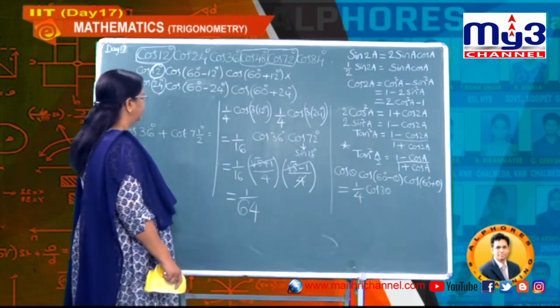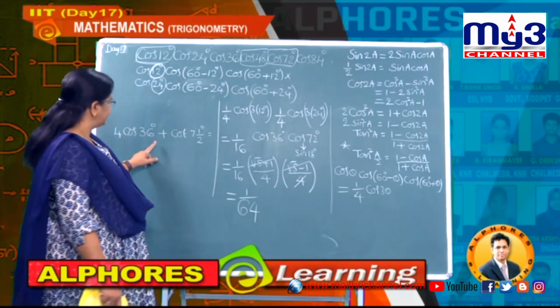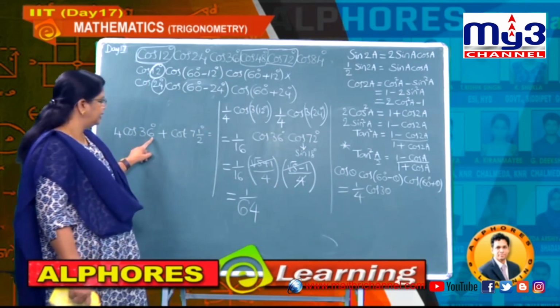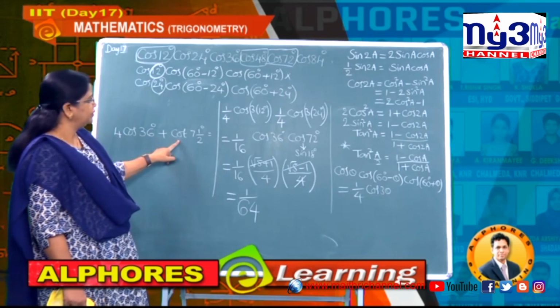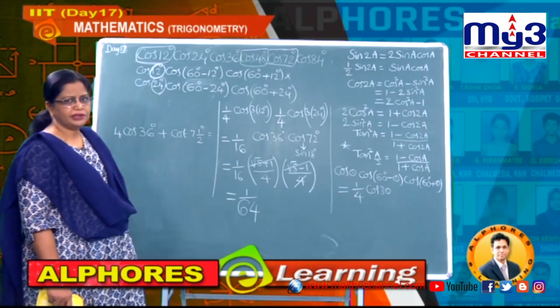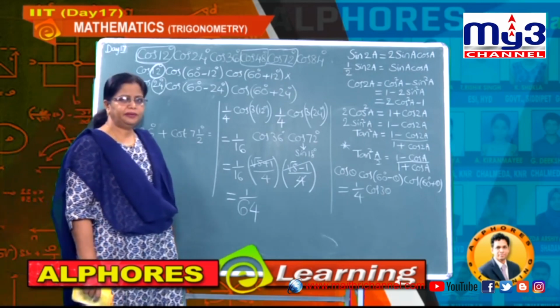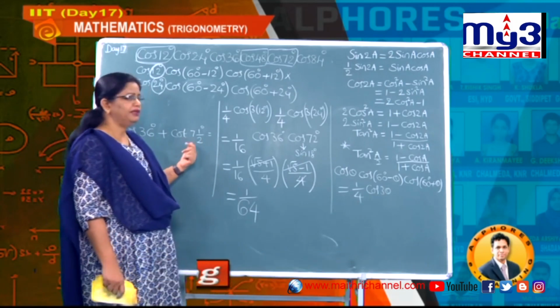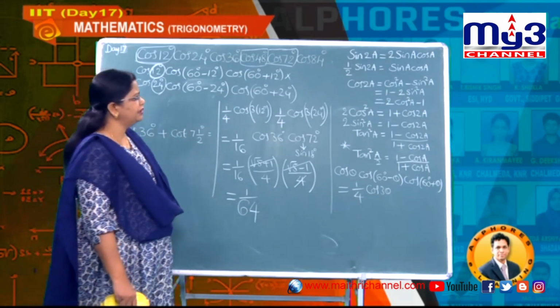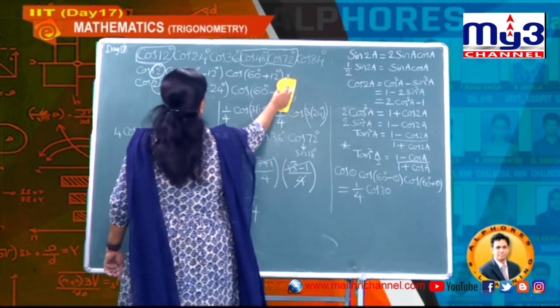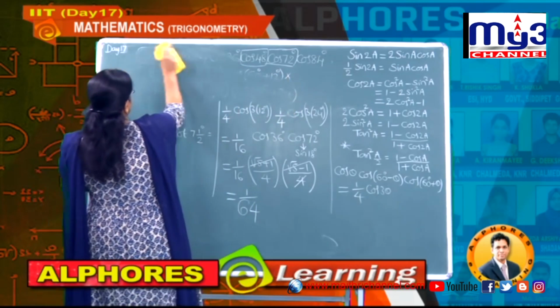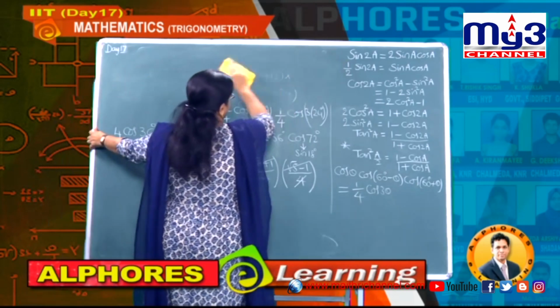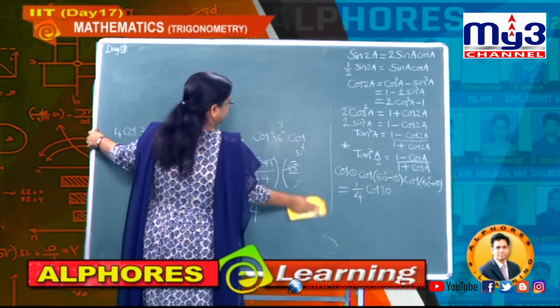And next one, coming to this problem students, 4 times cos 36 degrees plus cot 7.5 degrees. Okay. So remember all of you, we did cot 7.5 earlier using the formulas cot A plus tan A equals 2 cosecant 2A and cot A minus tan A equals 2 cot 2A.